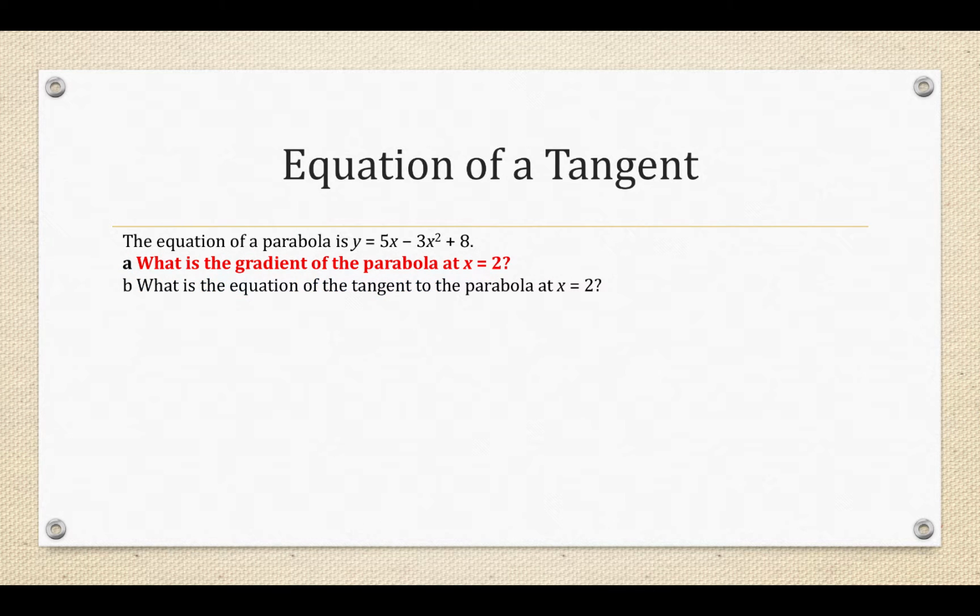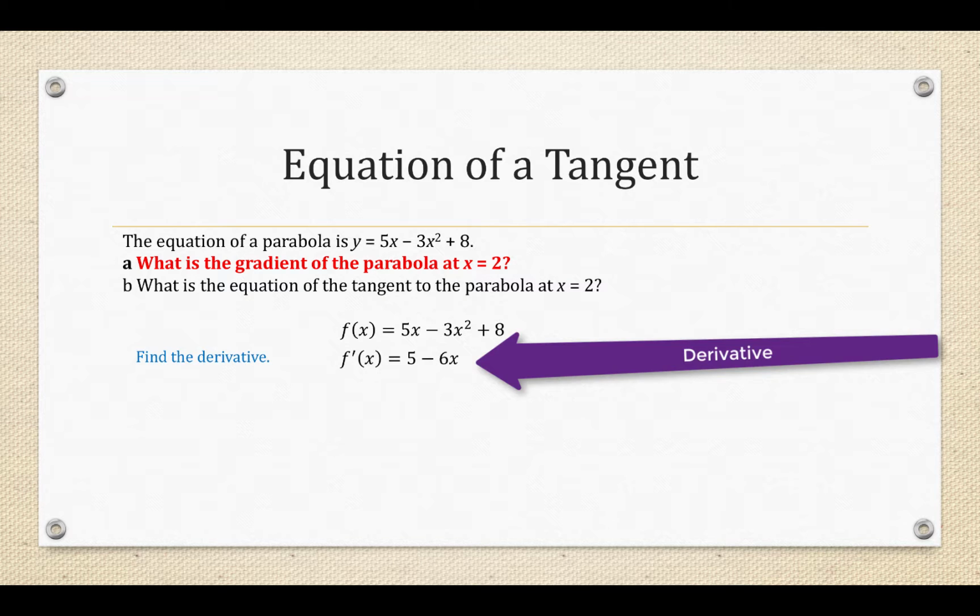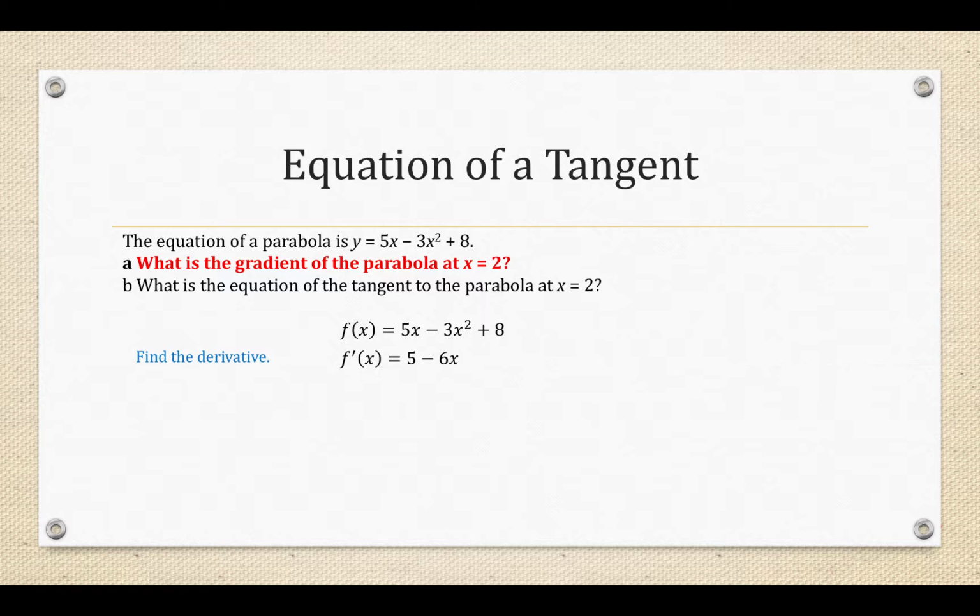What is the gradient of the parabola at x equals 2? So the first thing we need to do is find the derivative of the function. In this case, the derivative will give us 5 minus 6x. Now that we have that derivative, we want the gradient at the point x equals 2.